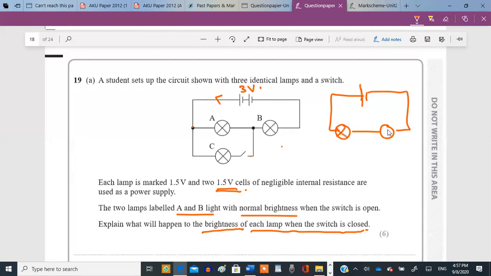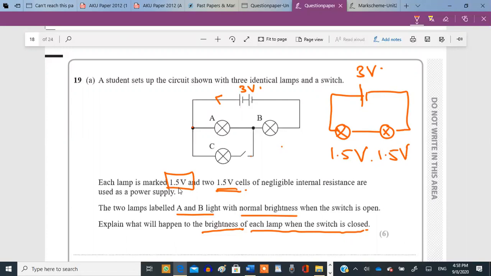So if all of the current was passing through the branch, the total voltage is 3 volts. What's the voltage split between the two bulbs? It's 1.5 and 1.5 volts, right? Both bulbs are getting what they require for normal brightness.